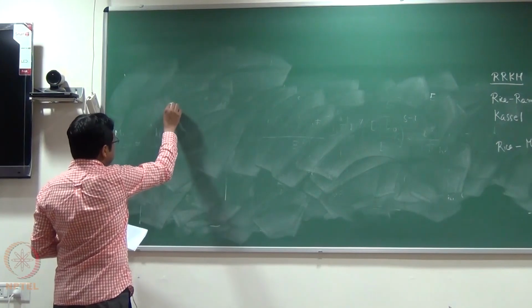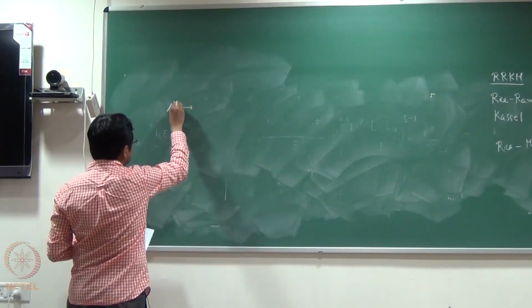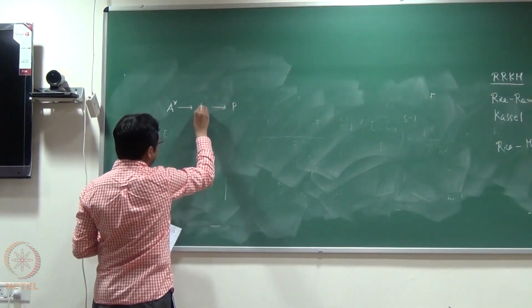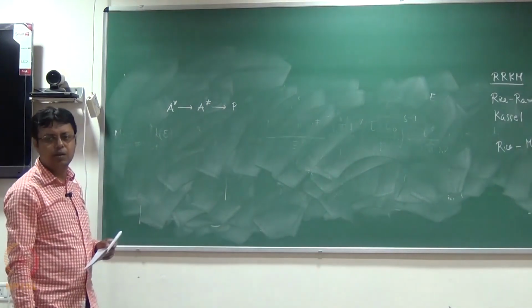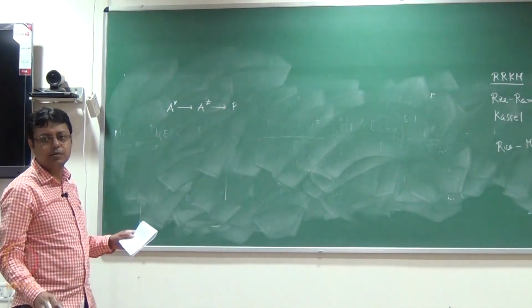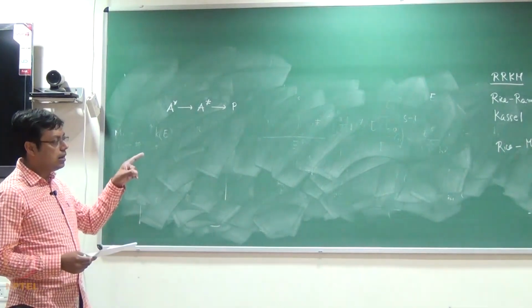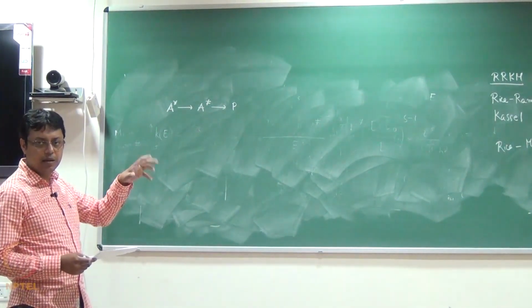So what Marcus said is basically a similar thing. I have the energized molecule going to product, but then he said that it goes to an activated complex. That is the essence of Marcus theory. The earlier expression which I showed is mainly due to the RRK version.